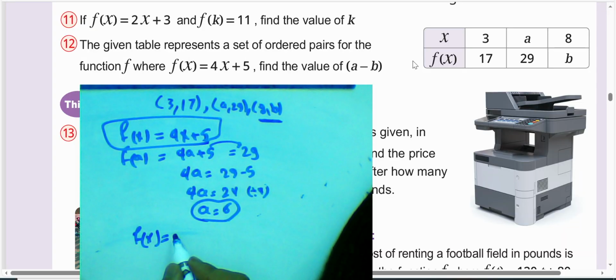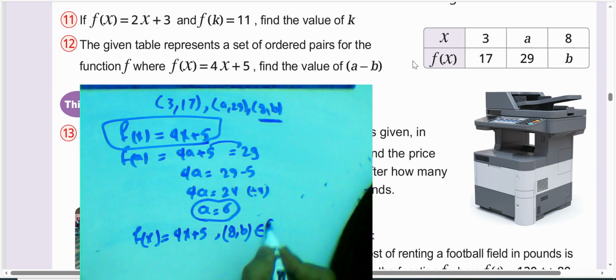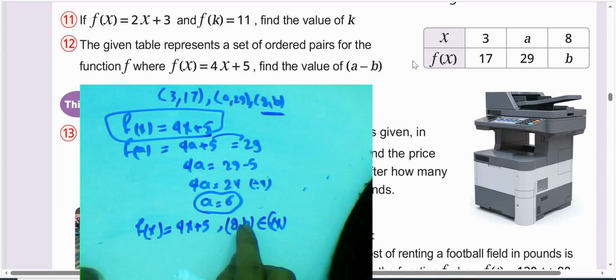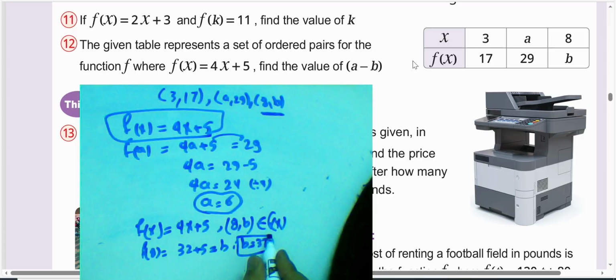This function was 4x plus 5. And the point 8 and b satisfies the function. But look here, x equals 8, the value will be b. Then f of 8 will be equal to 4 times 8 is 32 plus 5 equals b. Then the value of b equals 32 plus 5 is 37. The value of b is 37.